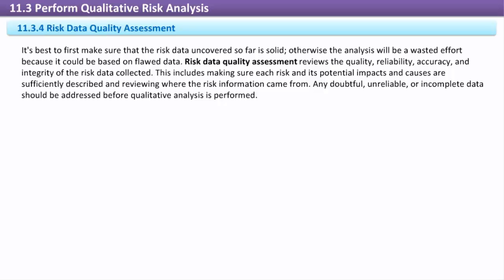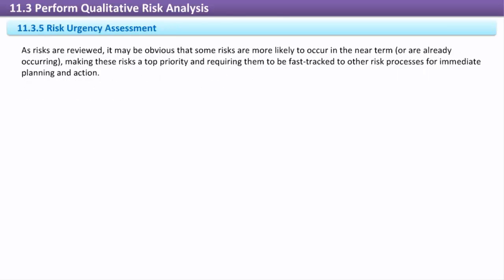Any doubtful, unreliable, or incomplete data should be addressed before qualitative analysis is performed. Risk urgency assessment. As risks are reviewed, it may be obvious that some risks are more likely to occur in the near term or are already occurring, making these risks a top priority and requiring them to be fast-tracked to other risk processes for immediate planning and action.